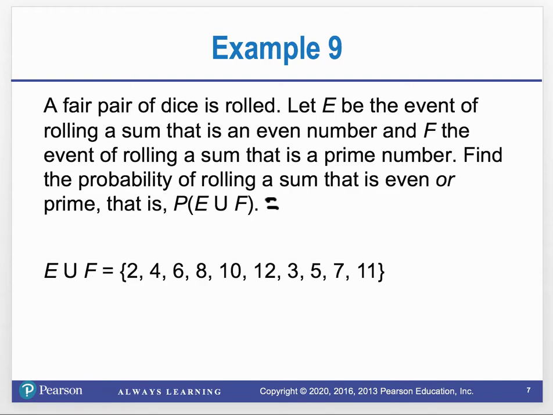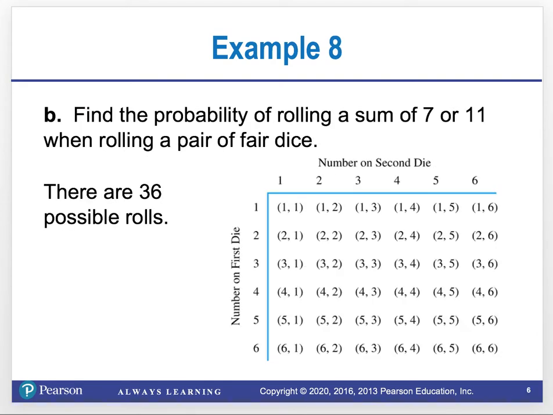All right, well, instead of looking at that, let's go back and figure that out for ourselves, right? So we want to say even or prime. Notice what my possible rolls are.